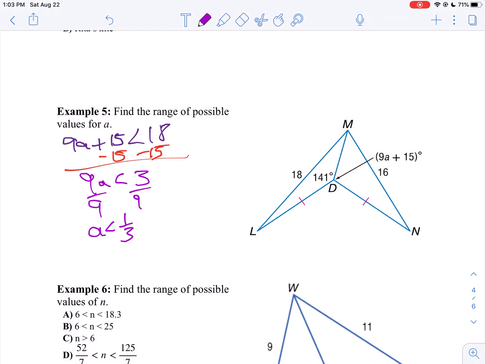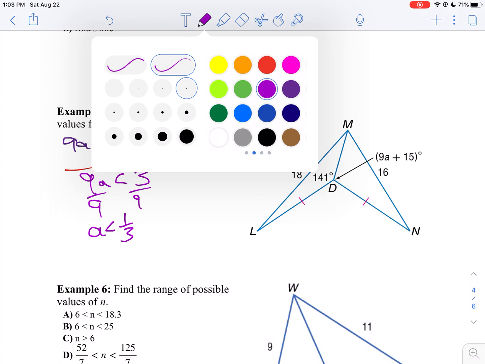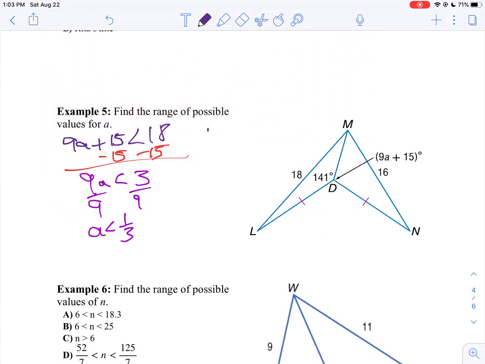So there's another inequality we have to apply here. We know 9A plus 15 has to be greater than 0, because you can't have an angle that's 0 degrees. So we subtract 15 from both sides. 9A is greater than negative 15.